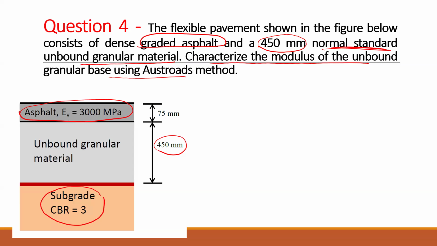So CBR, you can do a test and find the CBR. And if you know the CBR, you can find the modulus by just multiplying by 10. So this is 30 megapascals. So you can calculate the subgrade modulus just by multiplying by 10. Is that clear? CBR, California Bearing Ratio.